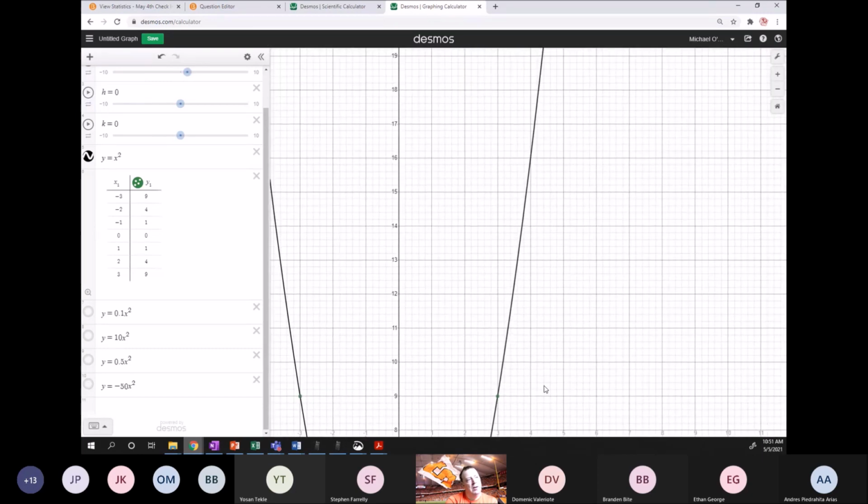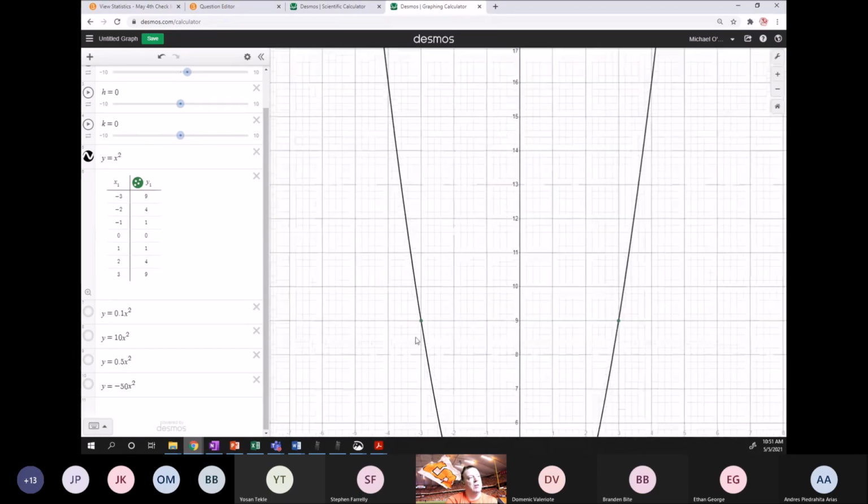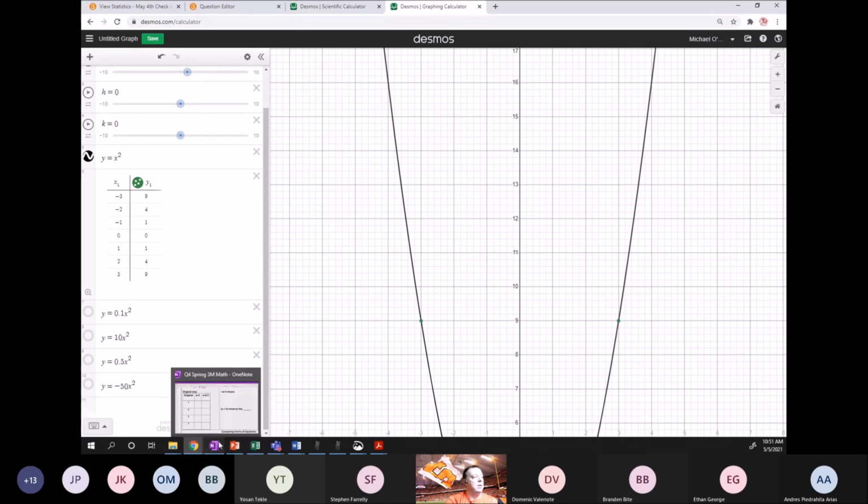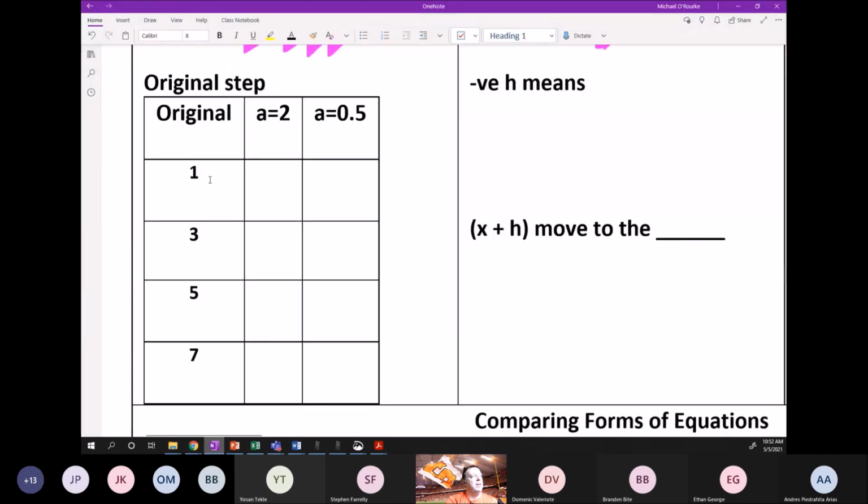So over 1, up 1, 2, 3, 4, 5, 6, 7. And you can see it works on the other side too. Over 1, up 1, 2, 3, 4, 5, 6, 7. Okay. So if we look at our step pattern, that's what it means.